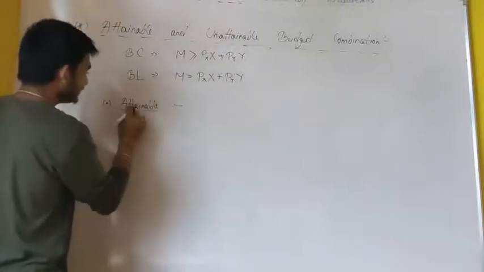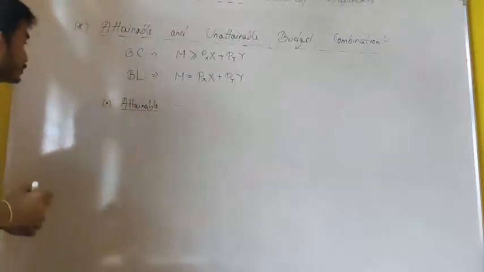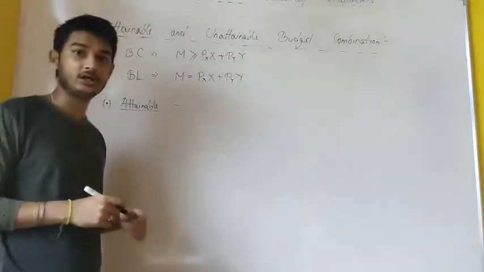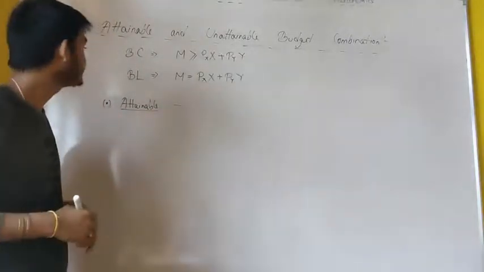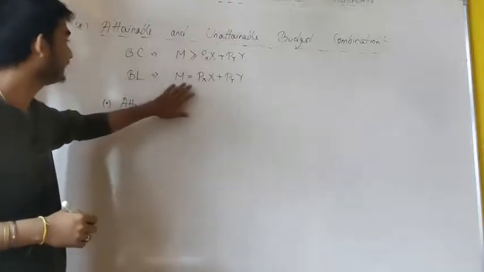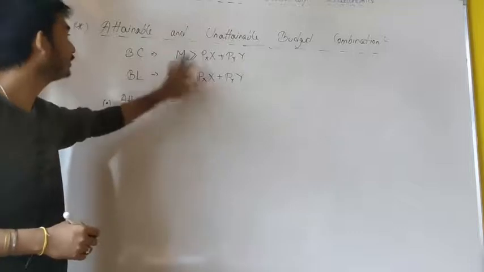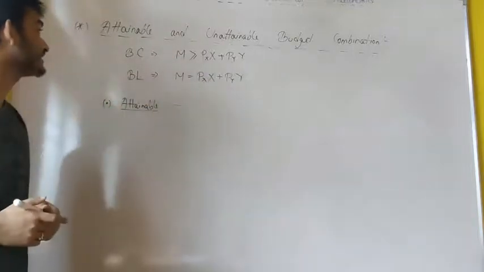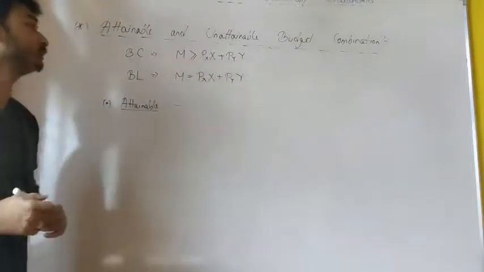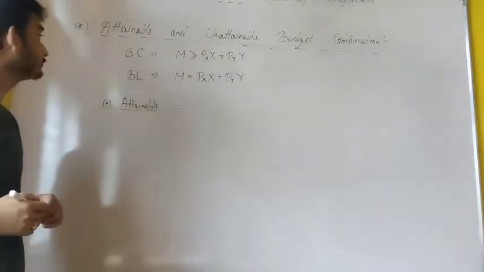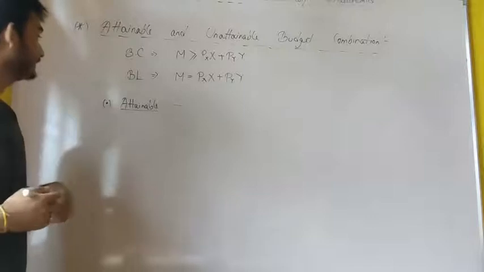So attainable indicates the attainable combinations. Attainable combinations are those combinations for which the money income is equal to or greater than the total expenditure done on the two goods and services, given the prices of two goods and the money income.